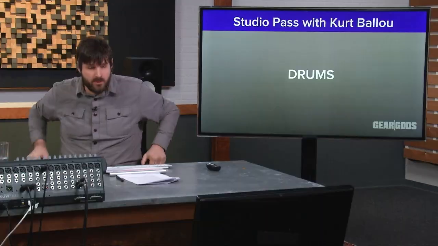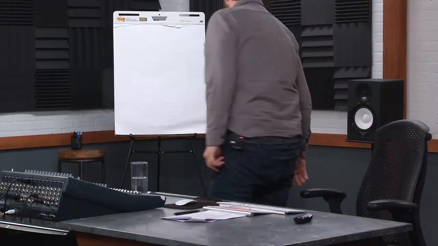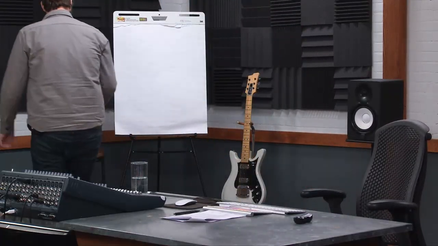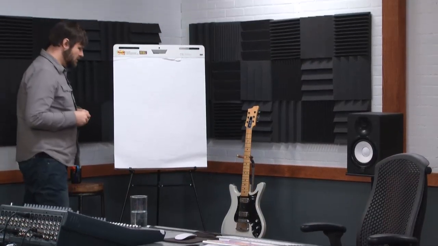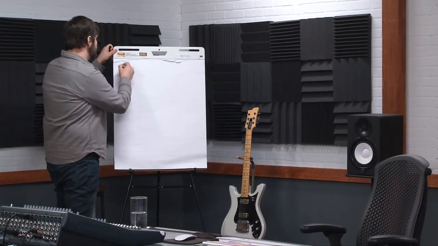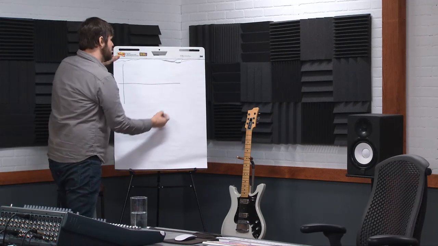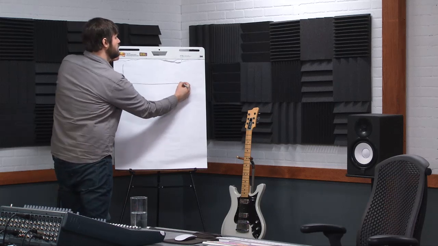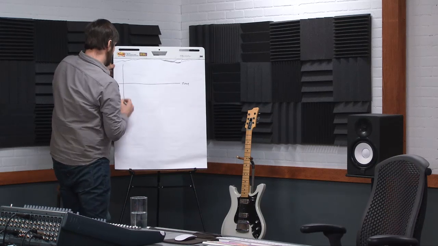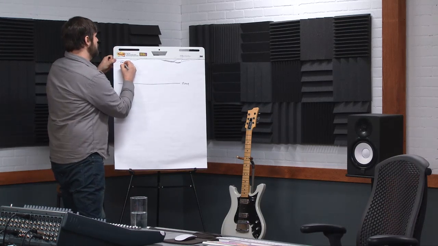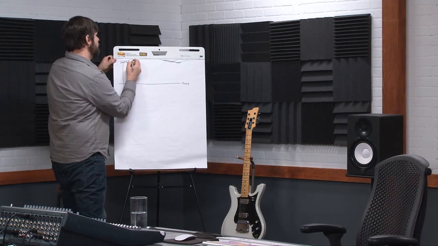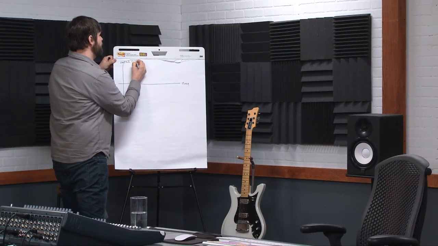I'm going to do that on this whiteboard over here. Let's draw a little axis. We've got our X and Y axes here, and X is going to be time, and Y is amplitude or volume.